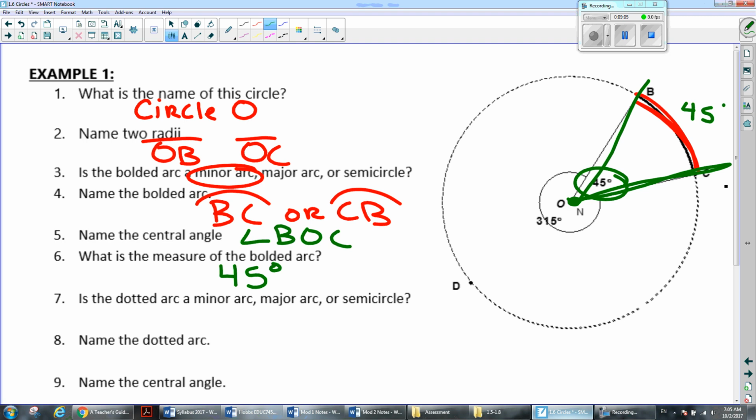Is the dotted arc a minor arc, a major arc, or a semicircle? This would be a major arc since it's going more than halfway around the circle. If we name the dotted arc, since it's a major arc, we need 3 letters to name it. One endpoint was B, it went through point D, and the other endpoint was C. Or we could have said CDB.